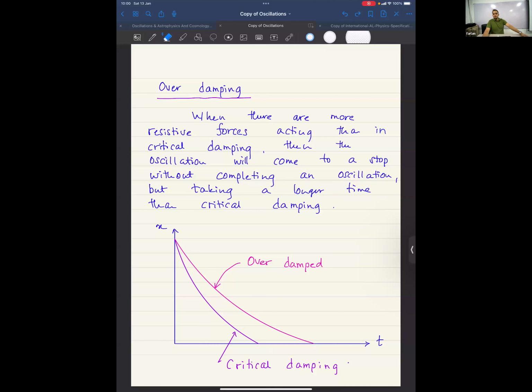Why would it take longer? Like, the more the force, the better? No, there's nothing like that. There is an optimum amount of force which will make it stop in the shortest possible time. No. It can reverse it also.